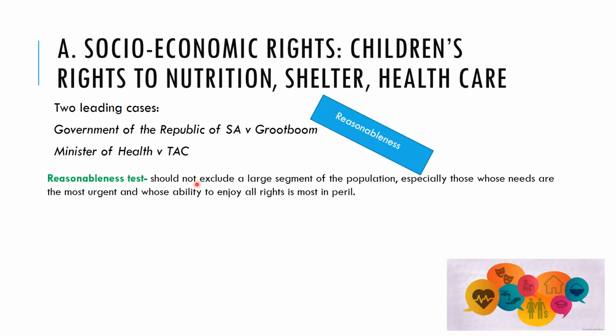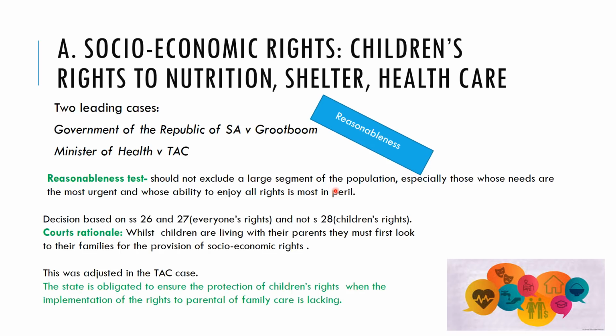That's why we use the reasonableness test: we must make sure that the decisions the state is making are not excluding a large segment of the population. So if children don't have access to shelter, for example, that's a large segment of the population, and children are in need, their needs are most urgent, and their ability to enjoy all other rights is most in peril because children cannot fulfill their own rights.